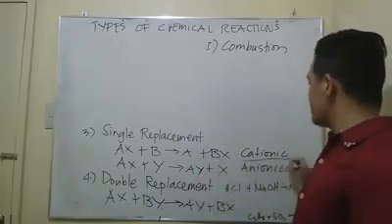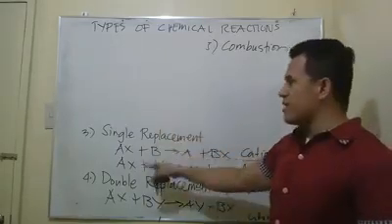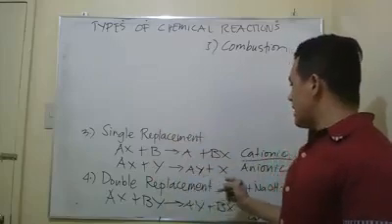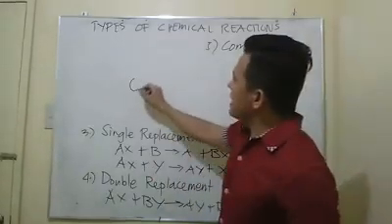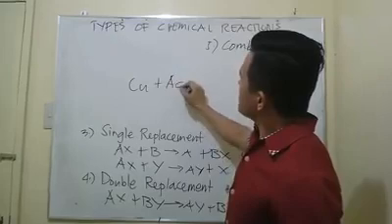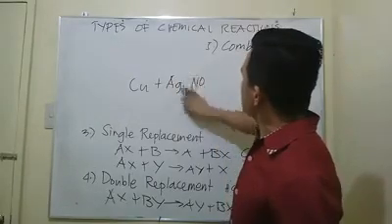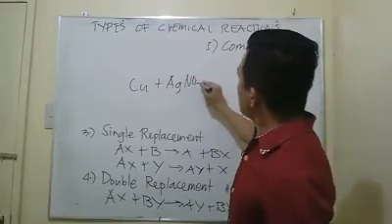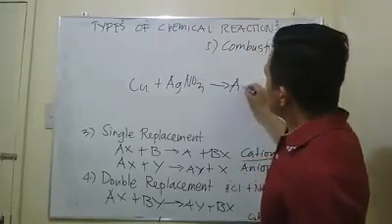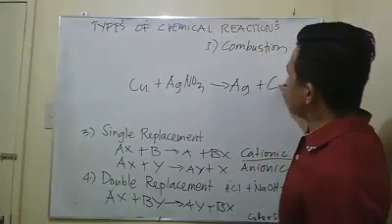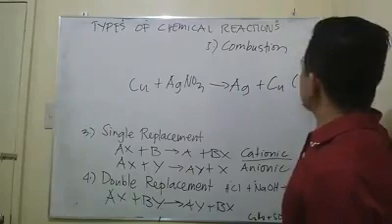An example for that would be copper plus silver nitrate, AgNO3, yields Ag plus copper nitrate.